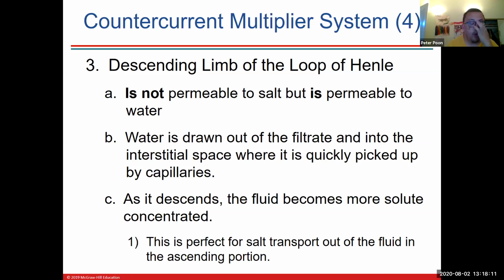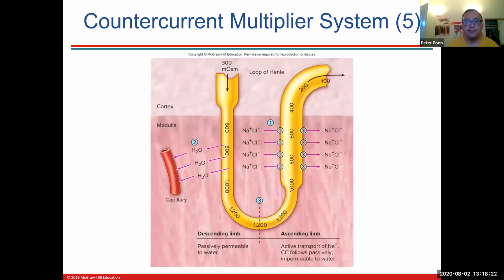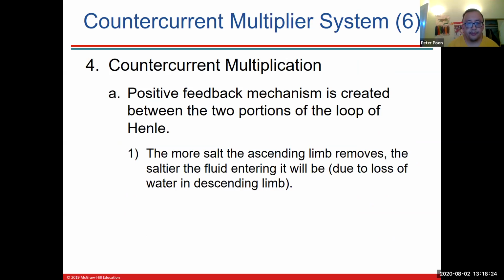So you're constantly drawing water out of the filtrate. So the more salt the ascending limb removes, the saltier the fluid will be entering it. So you'll lose more water in the descending limb, and therefore they keep amplifying each other.